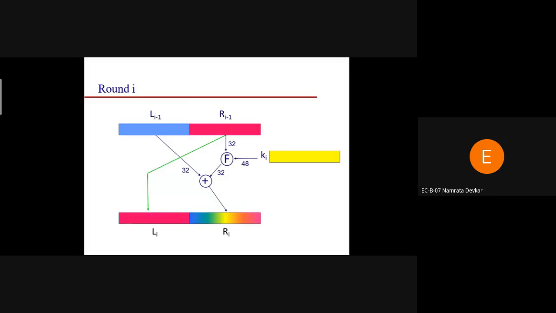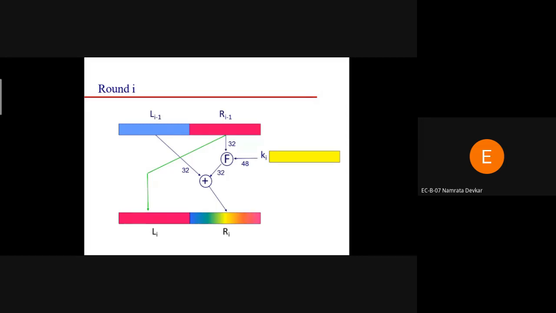First we have to split our plain text into two equal parts. Here our plain text is 64 bits, so we can split it into two parts, 32 bits and 32 bits. One is on the left side and another is on the right side.